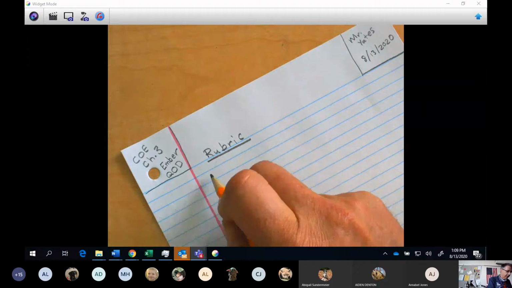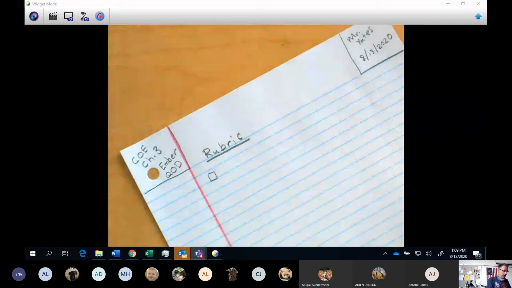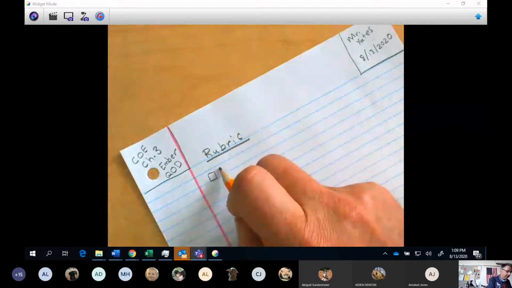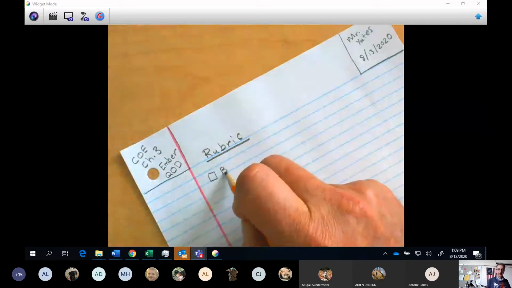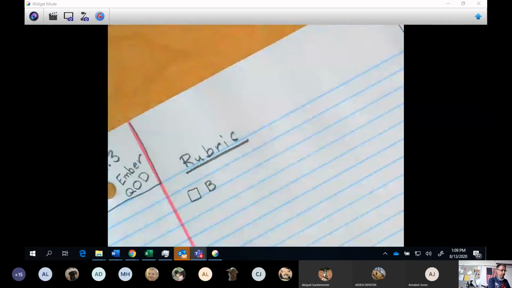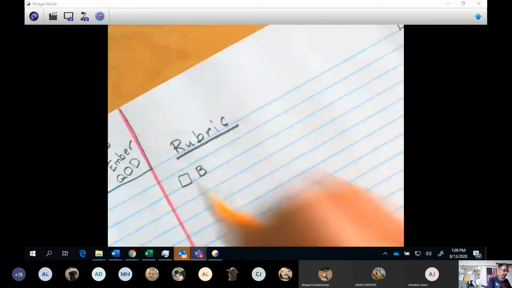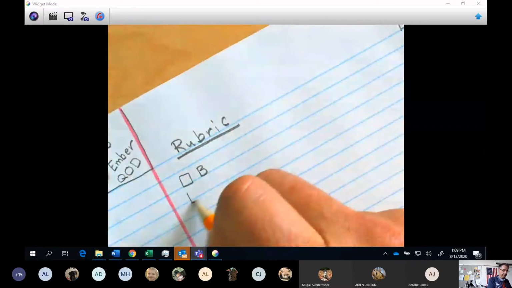We're going to make a checkbox at the very top on a line, and we're going to put the letter B next to it. We're going to spell the word biceps, boys and girls, straight down. So we're going to go below the B. We're going to make another checkbox.